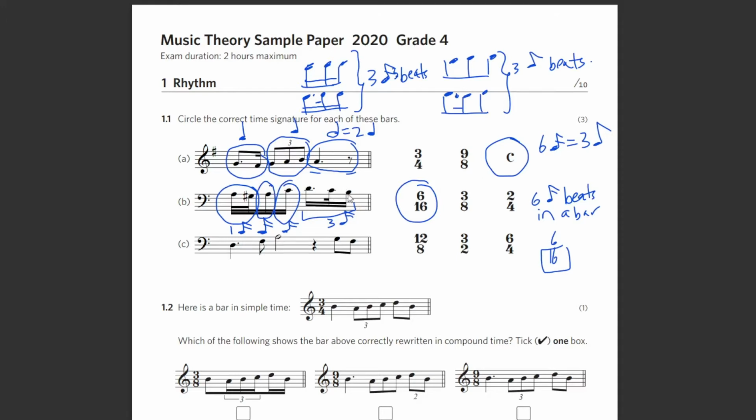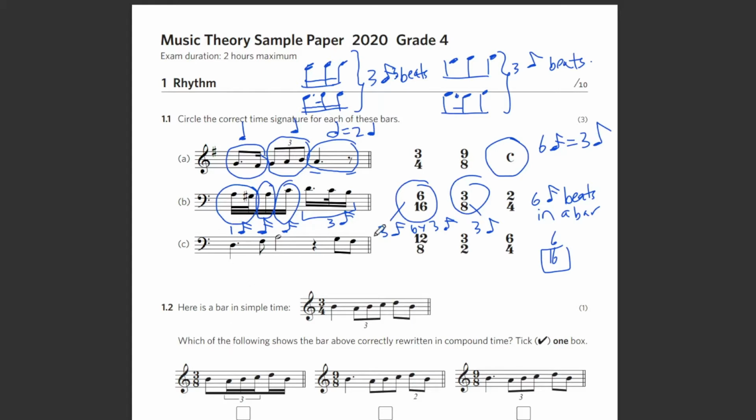So in 6/16 time, you group 3 semiquavers by 3 semiquavers, but in 3/8 time, you group 3 quaver beats by 3 quaver beats. If it is 3/8 time, then all these notes should be beamed together. But because we are grouping the notes 3 semiquavers by 3 semiquavers, the time signature here is 6/16. All right.